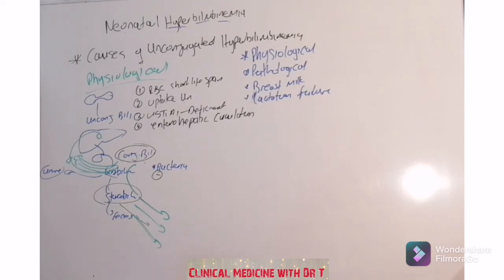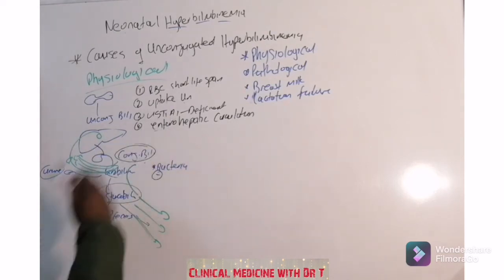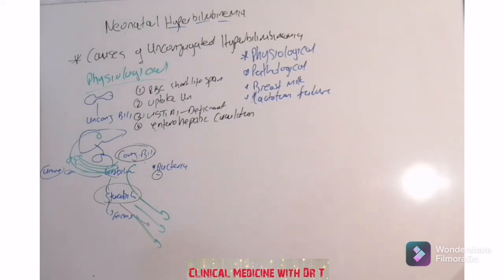So if anyone ever asks you what is the cause of neonatal hyperbilirubinemia, just talk about the enterohepatic circulation and then mention the other things later on. That's physiological jaundice, guys.